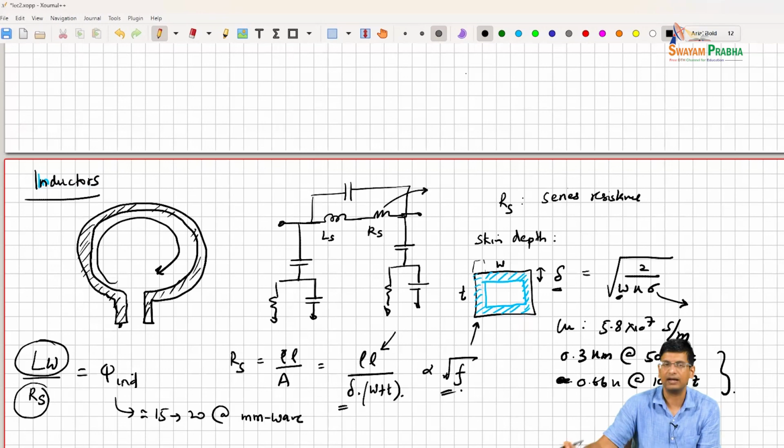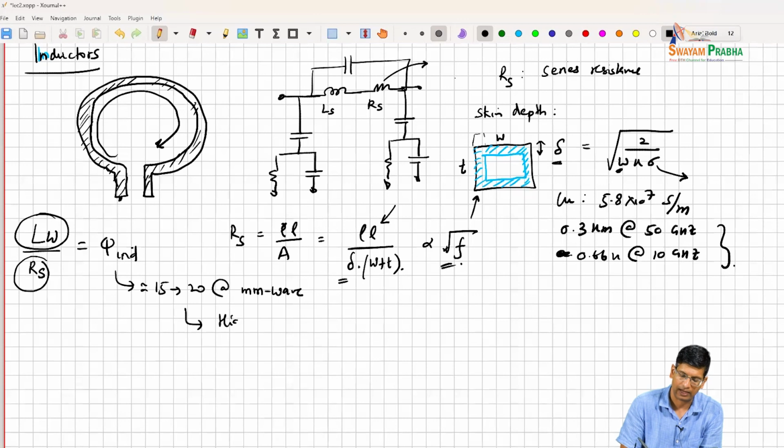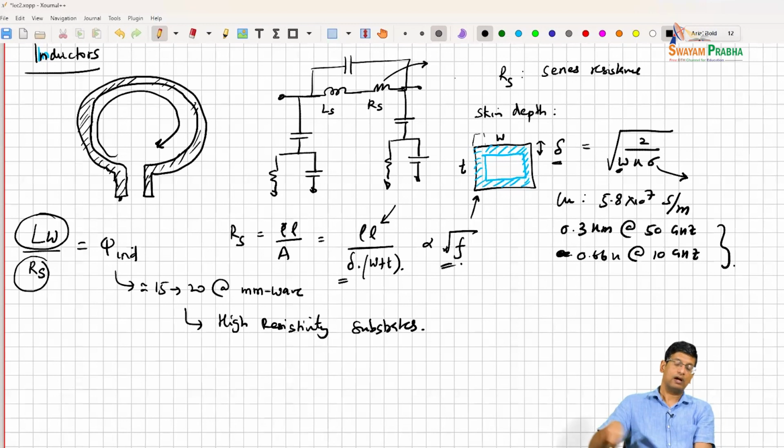So you can build inductors with these kind of quality factors, particularly on high resistivity substrates. With these kind of inductances and quality factors, you can build useful circuits.